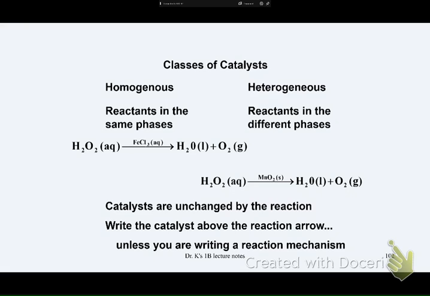Now, it's adding a step that you don't see to the reaction. And it has a low activation energy. So you haven't changed the energy of the molecules at all, but you've just created a halfway step that's easier than the overall step.